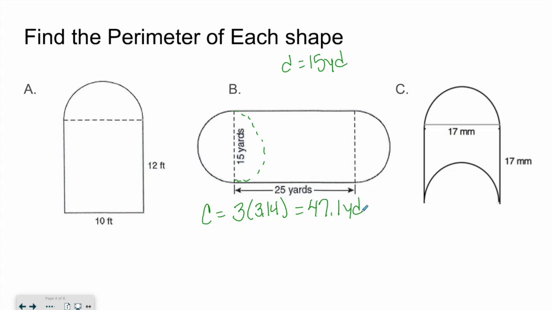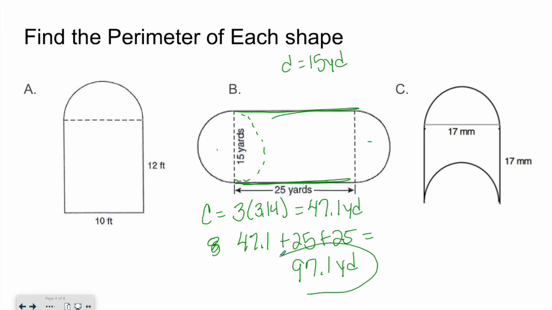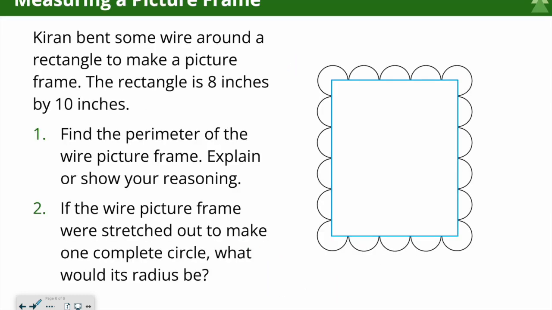And I don't need to divide by 2 because I have 2 halves, which makes a whole. And then 47.1 plus the 25 on the bottom and the 25 on the top gives us 97.1 yards.